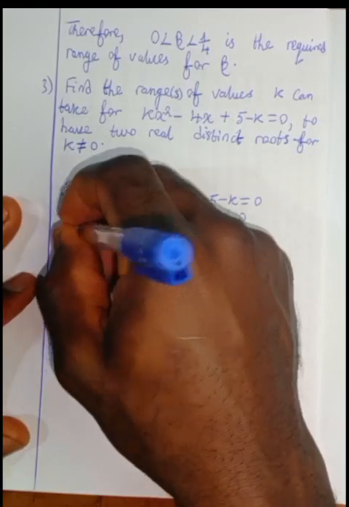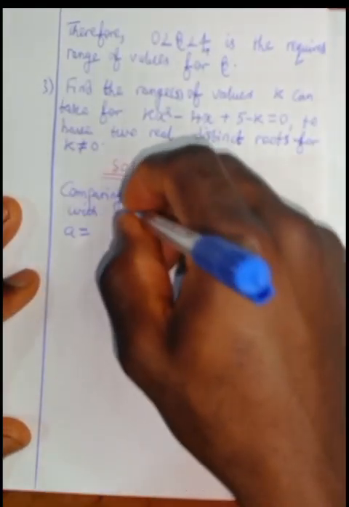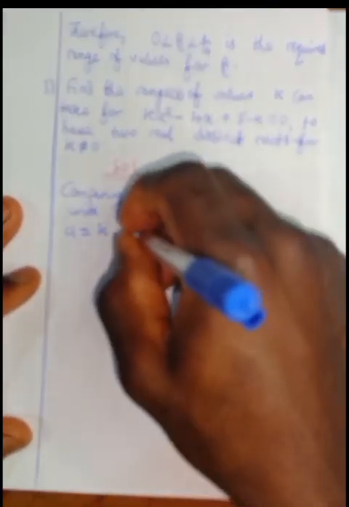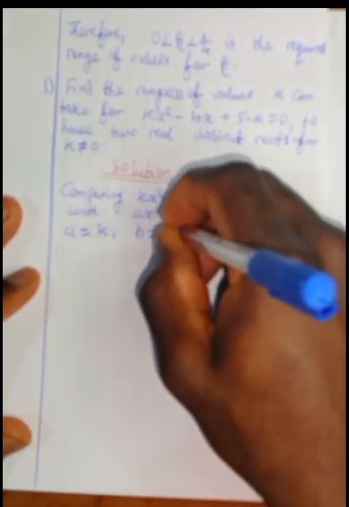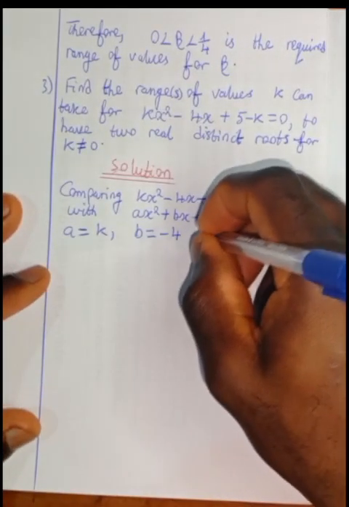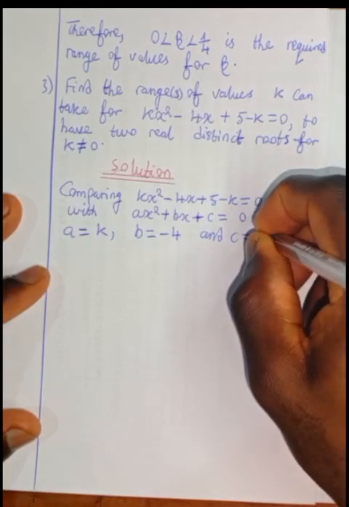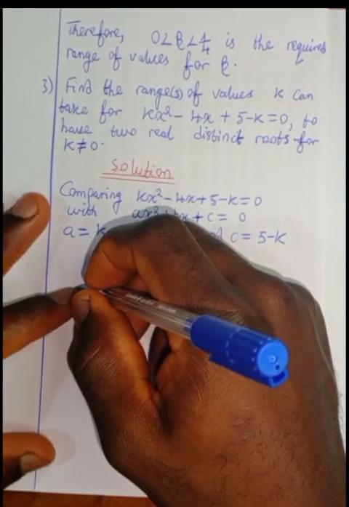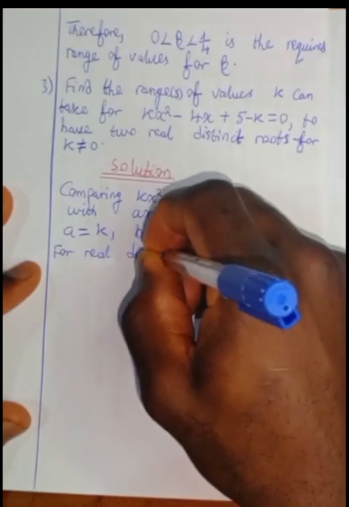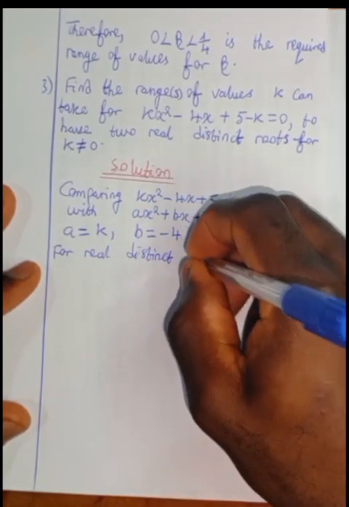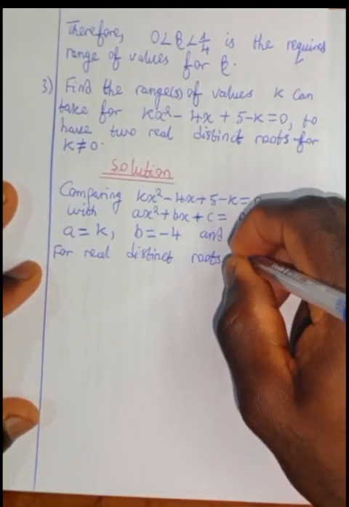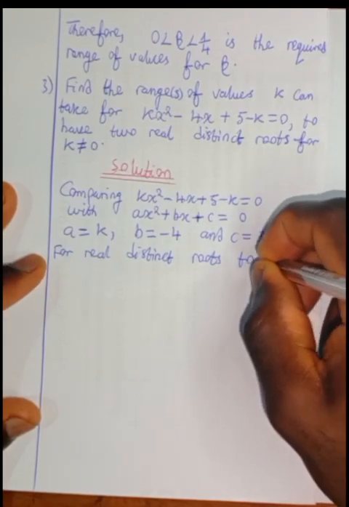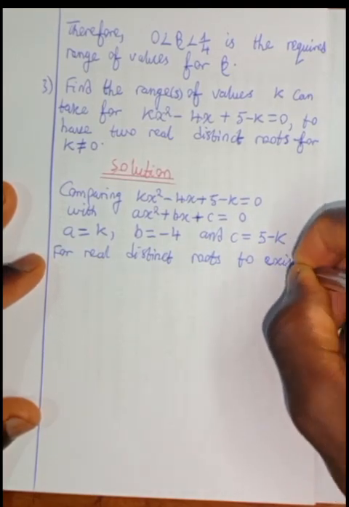To compare, we have our a to be k, b will be negative 4, and our c will be equal to 5 minus k. We know that for real distinct roots, that means they are different roots to exist. First, I have two real distinct roots.